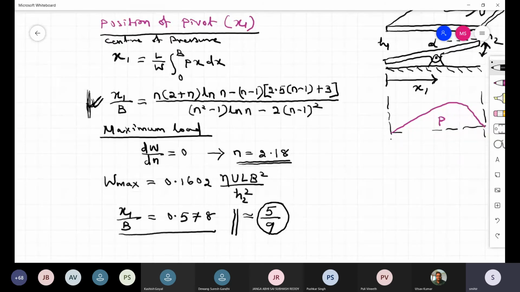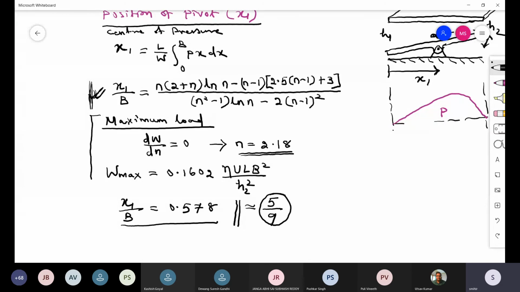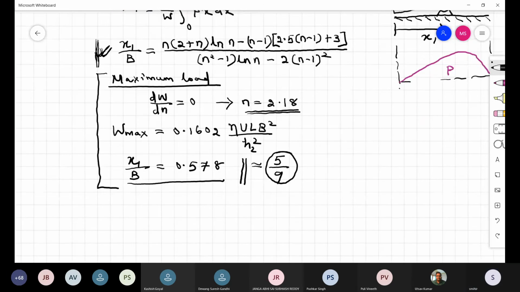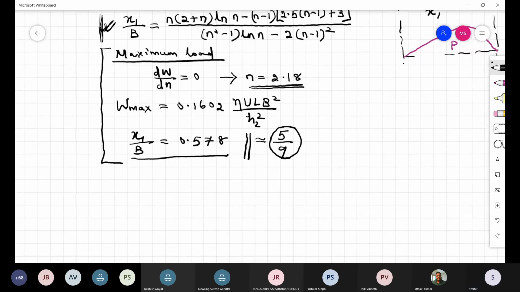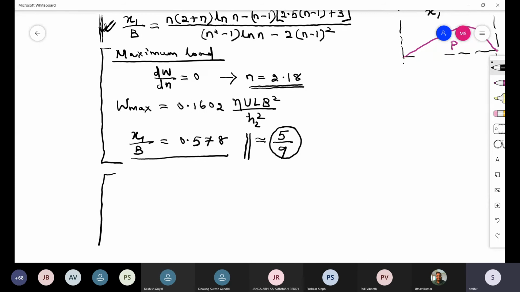Then what we did here, you see, maximum load. On basis of maximum load, we calculated the values. Now it is your homework or assignment to calculate on basis of minimum friction.